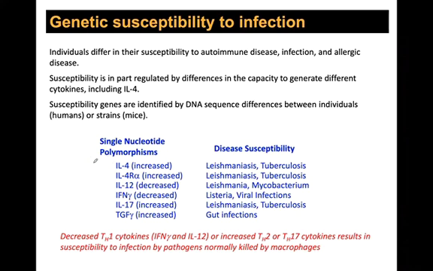Okay, so if you have increased levels of IL-4 or increased IL-4 signaling, you become susceptible to Leishmania, to Mycobacterium tuberculosis, as well as other diseases. Okay, so having too much of those makes you susceptible.